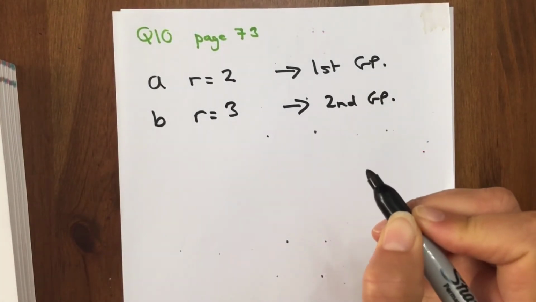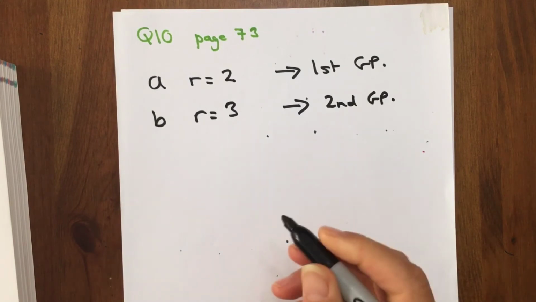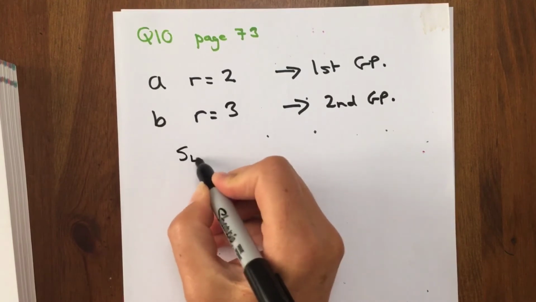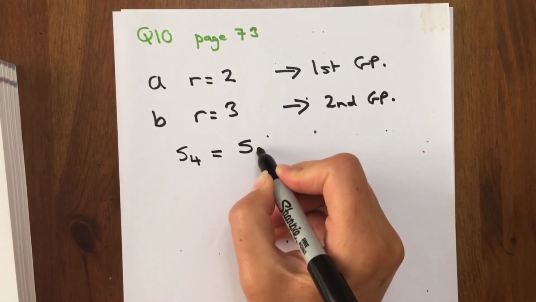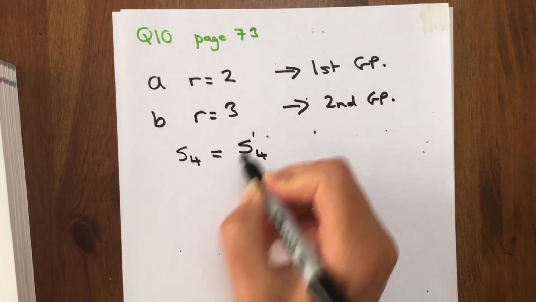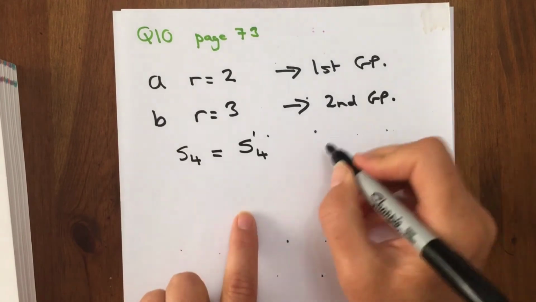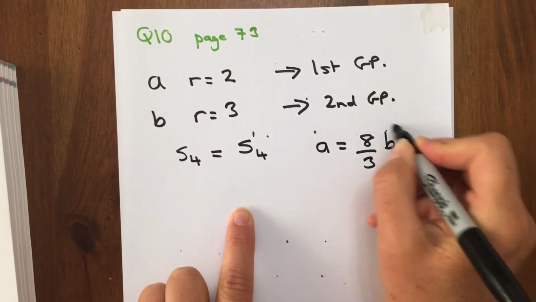Given that the sum of the first 4 terms of both series is the same, okay, so the sum of the first 4 terms, I just call that the different sequence. The sum of the first 4 terms are the same. Show this. That's what we're trying to show.